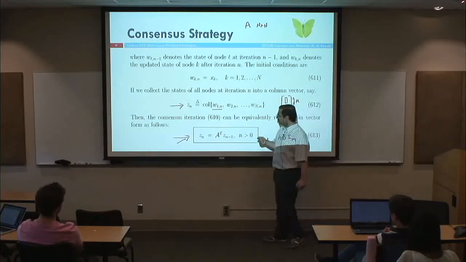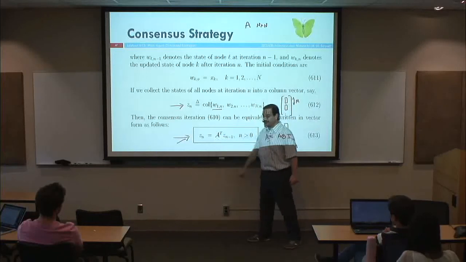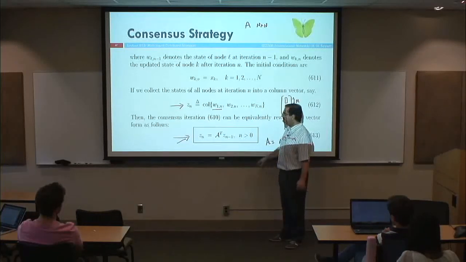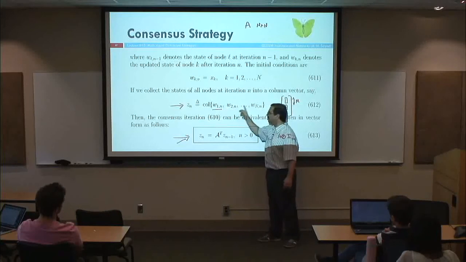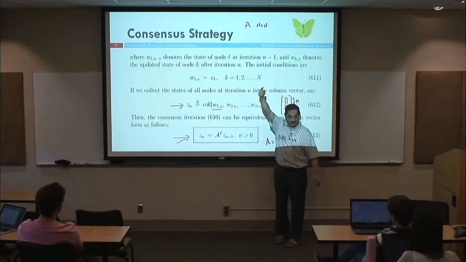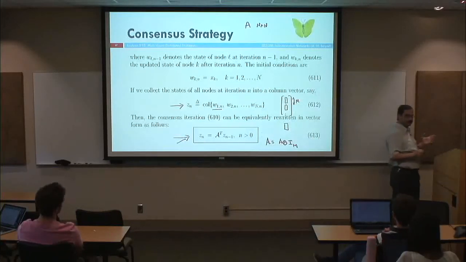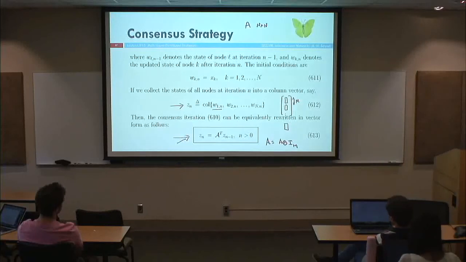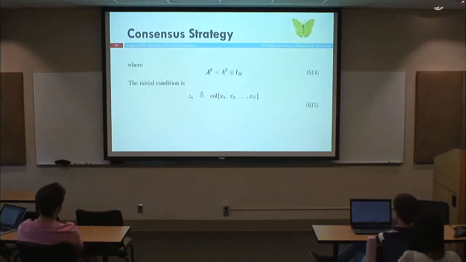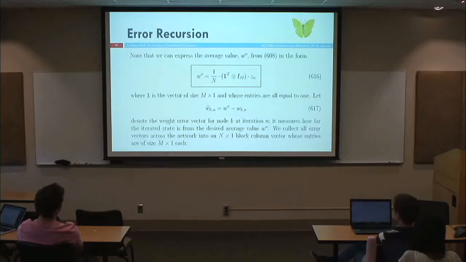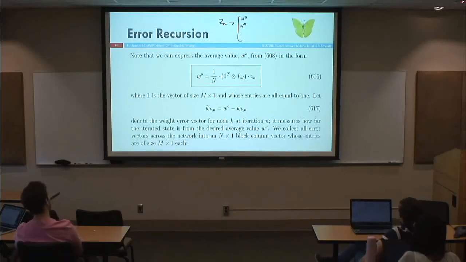I want to show that Zn, as n goes to infinity, all of its entries will become W0, right? So what I want to show is that Zn goes to something that looks like this: W0, W0.